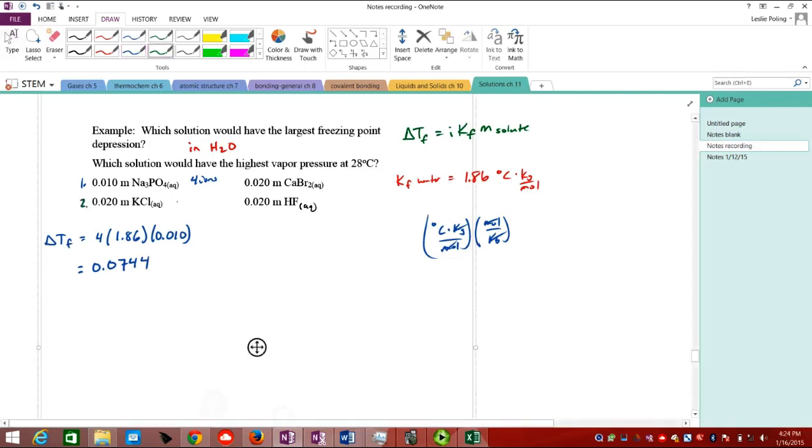Now this one is going to separate into 2 ions, and it has twice the molality of the first one. So we have 2 for our i, 1.86, and then we have 0.020. Notice the i is half, but the m is doubled, so it's going to come out to be the same thing.